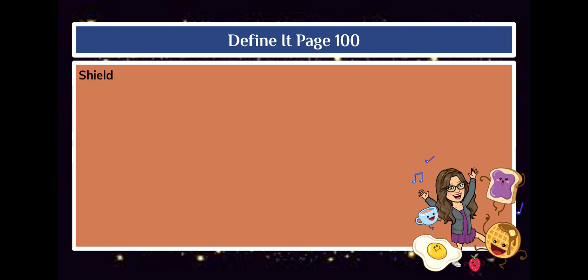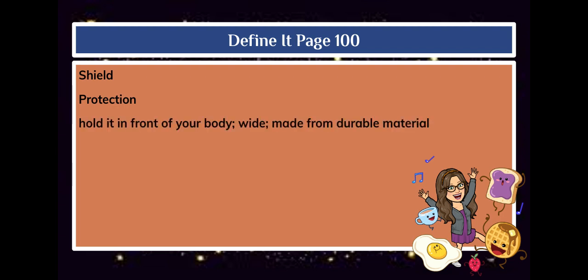If the shield protects Orion's body, is it wide or thin? How does Orion use the shield? What was it made of? Lion's skin must be pretty durable to stop a raging bull.